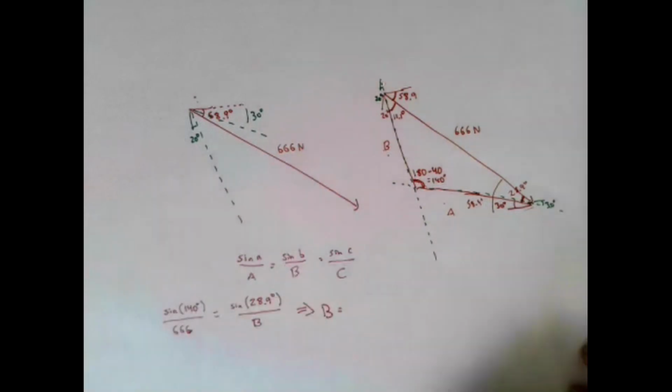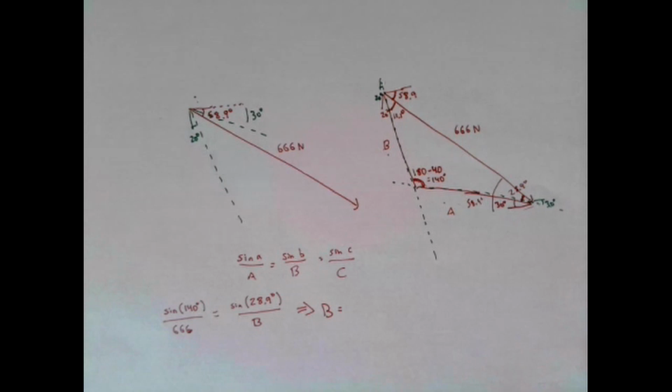Let me turn my page. We would first do sine 140 divided by 666, which is 9.65 times 10 to the negative fourth.